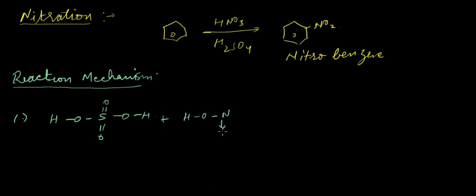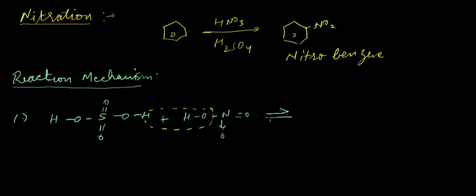HNO3, the OH from HNO3 and the H from sulfuric acid get attracted to each other and form a water molecule. This is actually not a forward direction, it is in equilibrium.